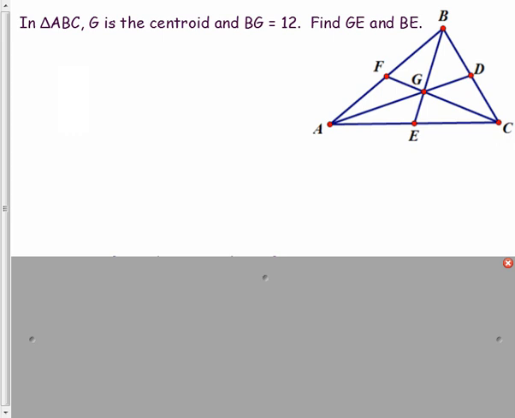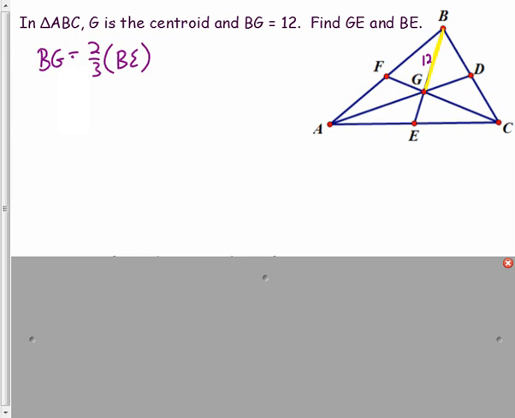In triangle ABC, G is the centroid and BG, so this piece right here, is 12. Find GE and BE. So like we just went through, what I do when doing these problems is write the relationship. So BG equals 2/3 of BE.